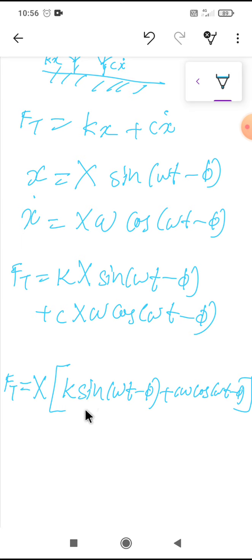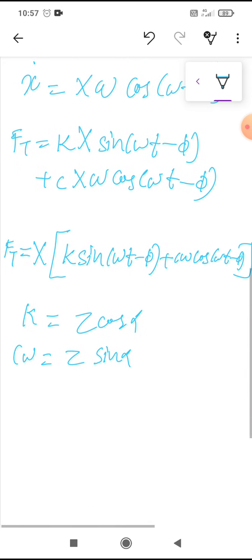The formula for sine alpha plus beta is sine alpha cos beta plus cos alpha sine beta. So since there is a sine here, I will take k as Z cos alpha, and here c omega as Z sine alpha.